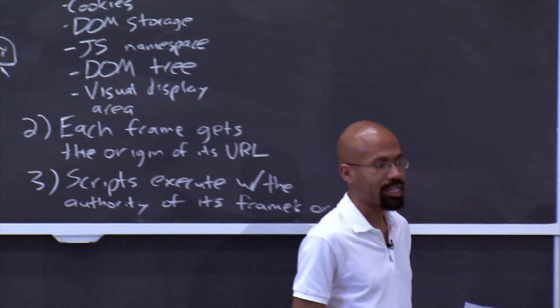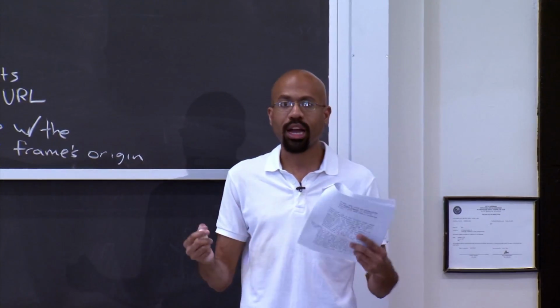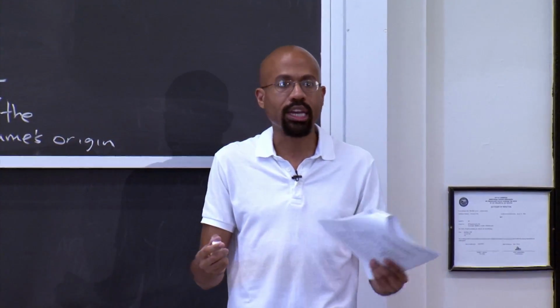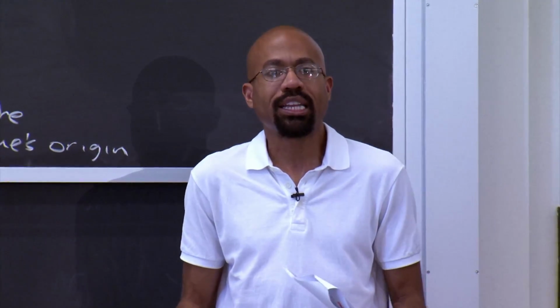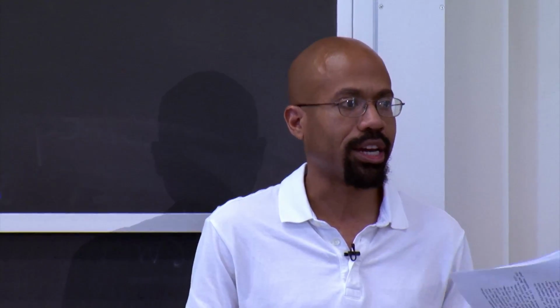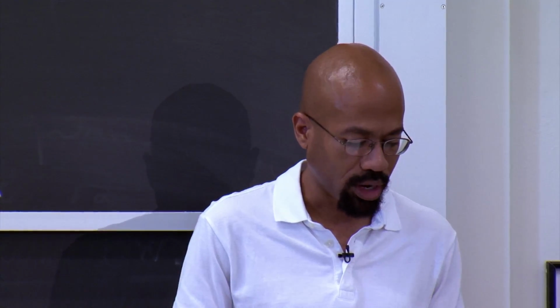Okay, so what that means is that, foo.com imports a JavaScript file from bar.com. Well, that JavaScript file is going to be able to act with the authority of foo.com. And so, loosely speaking, this is sort of similar to, if you were in the Unix world to run a binary that sort of belonged in someone else's home directory, right? That thing would sort of execute with your privileges there.